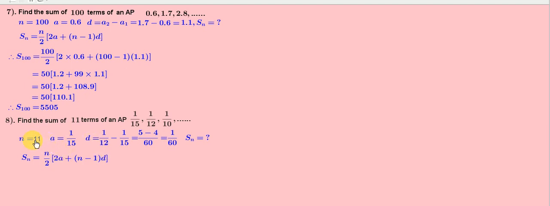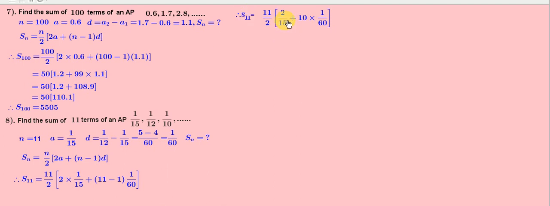Substitute 11 for n, 1 by 15 for a, 1 by 60 for d. Therefore, S11 is equal to 11 by 2 into 2 into 1 by 15 plus 11 minus 1 into 1 by 60. S11 is equal to 11 by 2 into 2 by 15 plus 10 into 1 by 60.